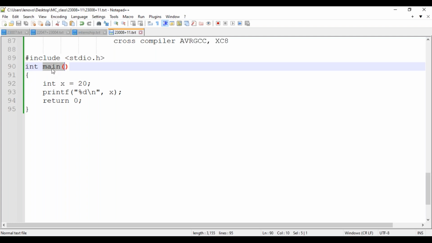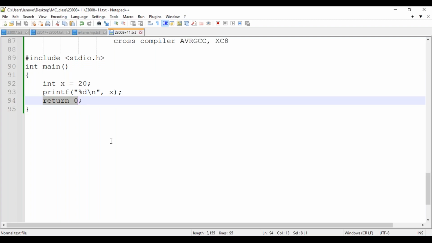So to the operating system, you will return a value representing whether your program terminated successfully or terminated in a special scenario. Whenever a 0 gets returned to the operating system, you consider that the program terminated successfully. That is the only reason why we write int main.